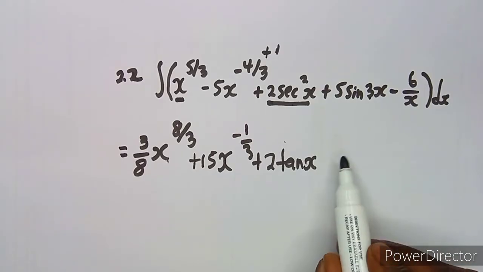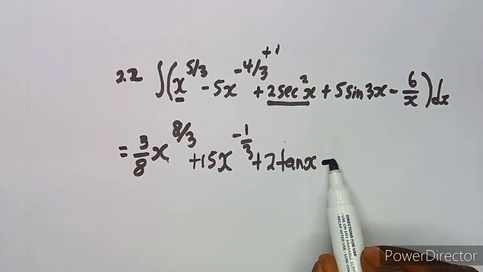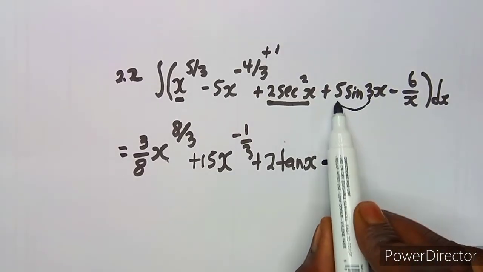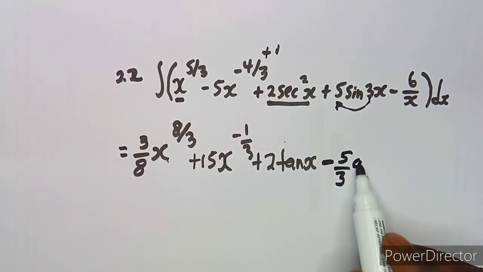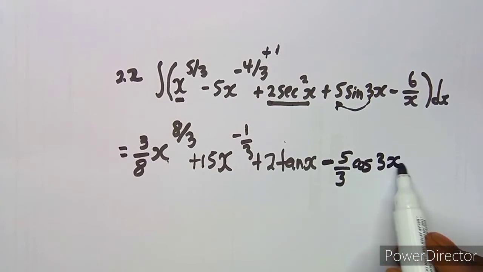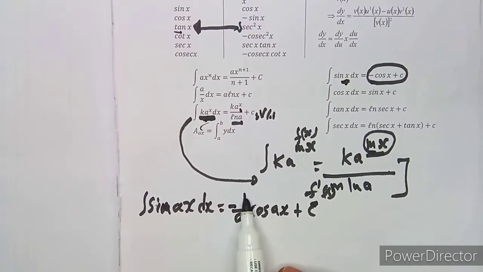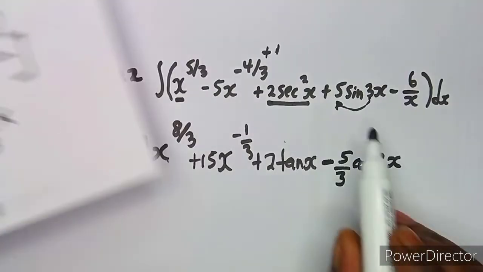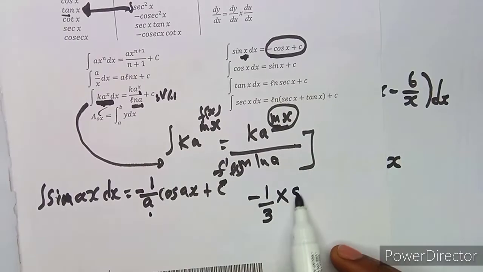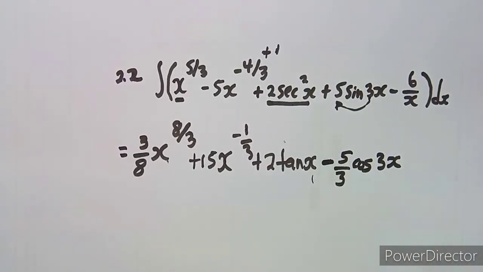So this is going to give us negative. Take note, there's a negative, but it's going to be 5 over 3 cos 3x. So it has to change like this, minus 1 over a. So it was supposed to be minus 1 over 3 times the 5 there. If it multiplies 5, you just combine it as minus 5 over 3.